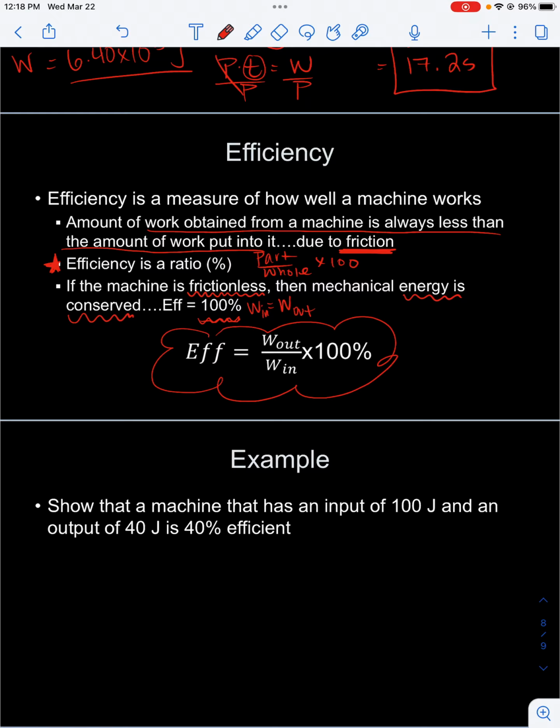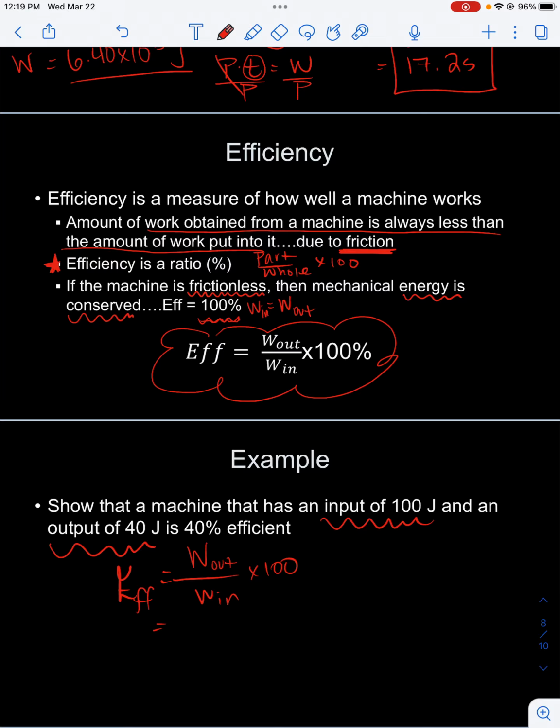So our last example is asking us to find the efficiency of a machine that has an input of 100 joules and an output of 40 joules. So remember, efficiency is equal to work out over work in times 100.